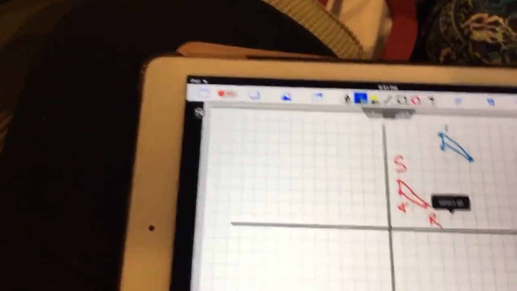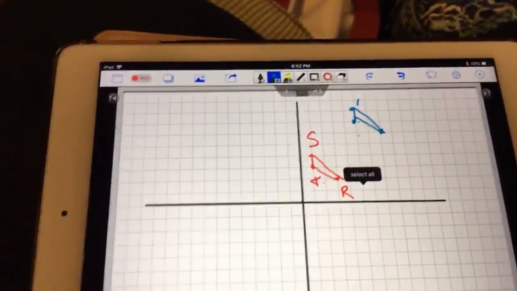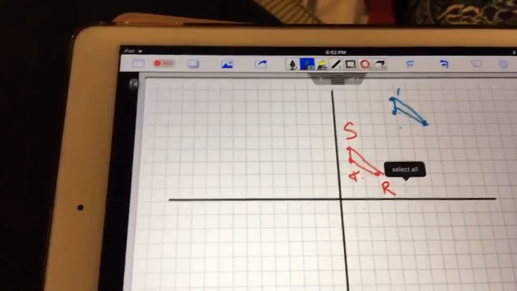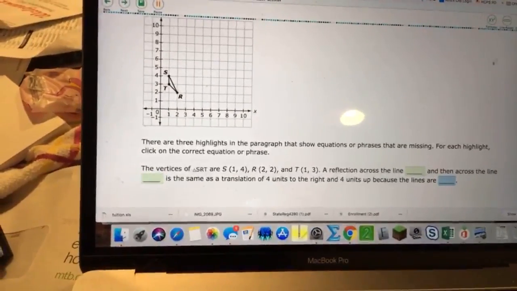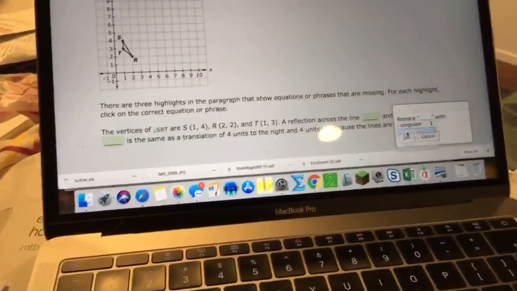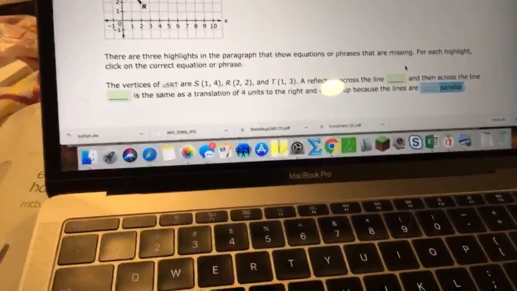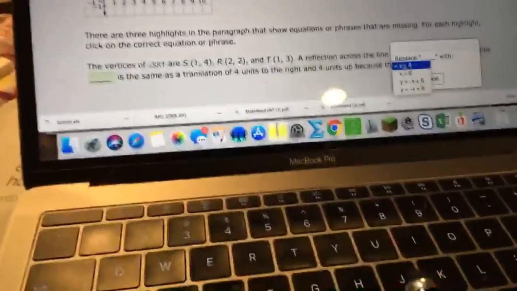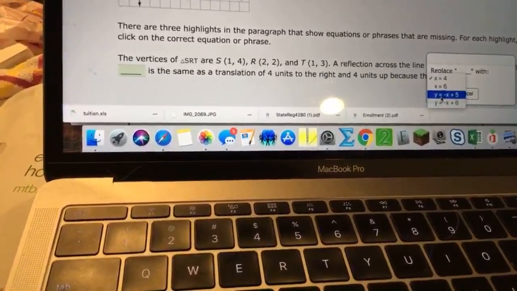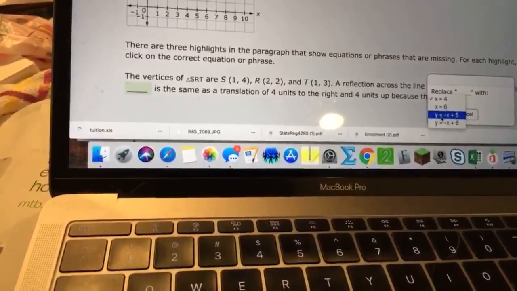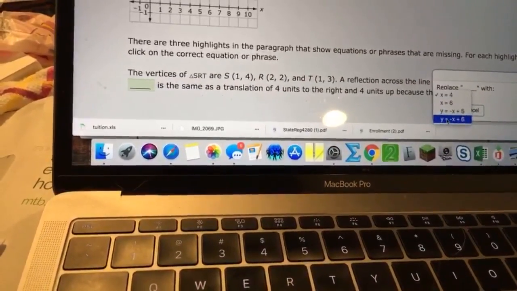It's not going to be exactly the way this is. So if we want to end up with a translation, we need to reflect across parallel lines, all right? So now we need to pick some parallel lines. Our options are y equals negative x plus 5, y equals negative x plus 6.